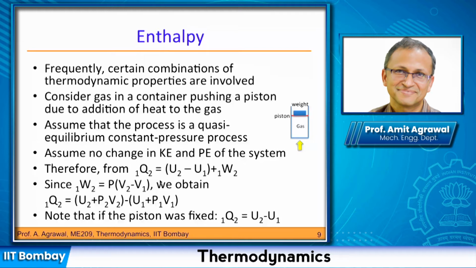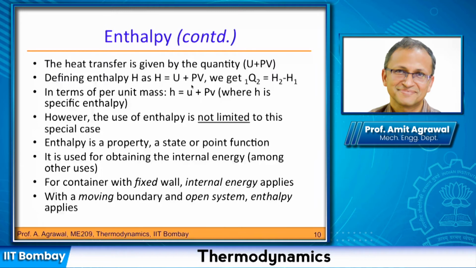Then we moved ahead and defined the idea of enthalpy, where we said that we are now going to combine certain properties. Here, we are combining U and PV, and because each of these are properties, the combination is also a property, and we're defining it as the enthalpy, capital H. On a per unit mass basis, we're defining it as small h is equal to small u plus p times small v.